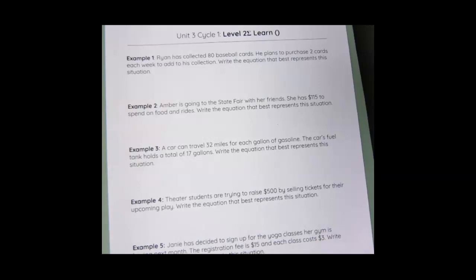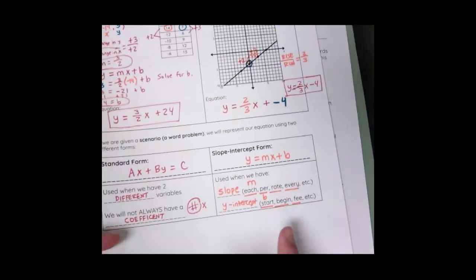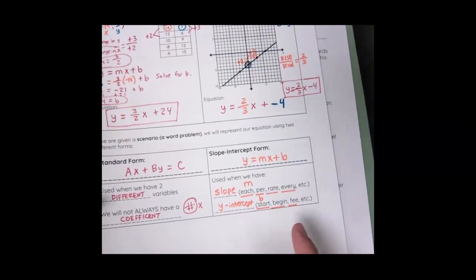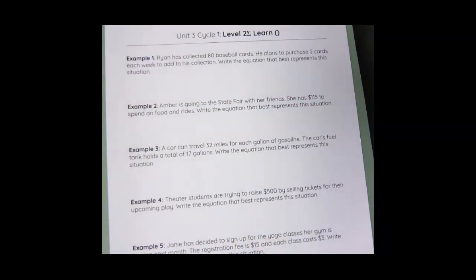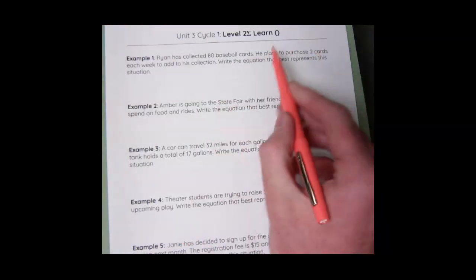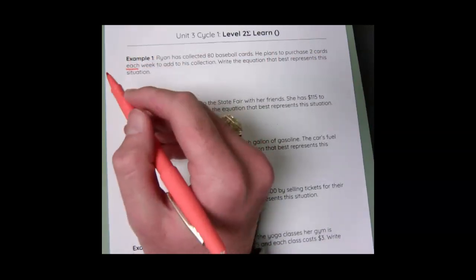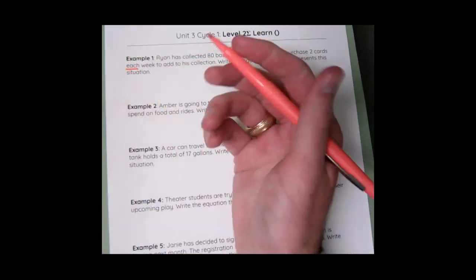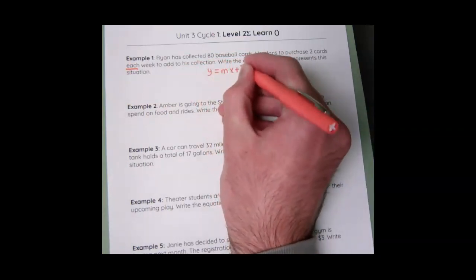So right off the bat, we're going to ask ourselves, do we see words like every and each and per and rate and stuff like that? If we do, then this is the form we're going to write it in. So let's look. He plans to purchase 2 cards each week. So right off the bat, we see words like each. So this would be using y equals mx plus b.